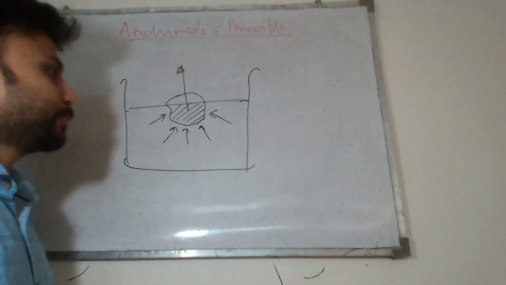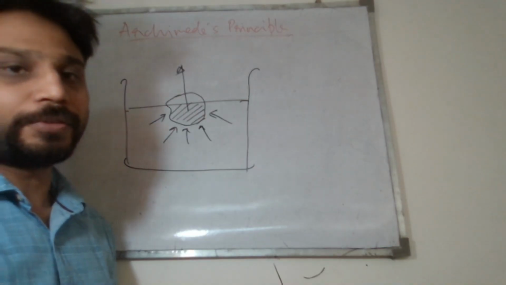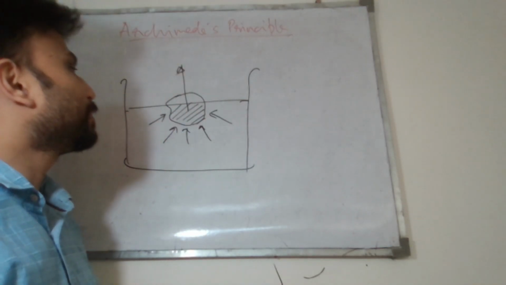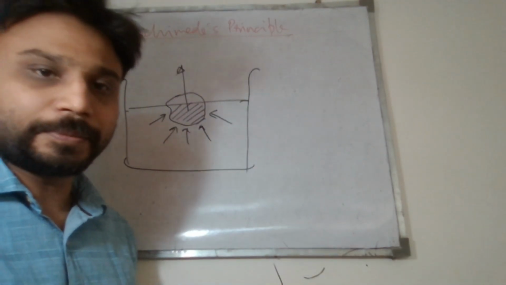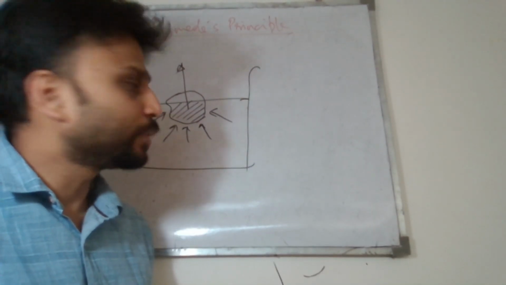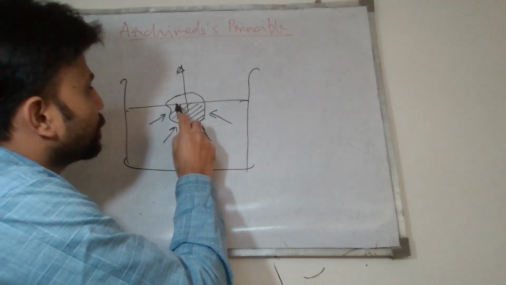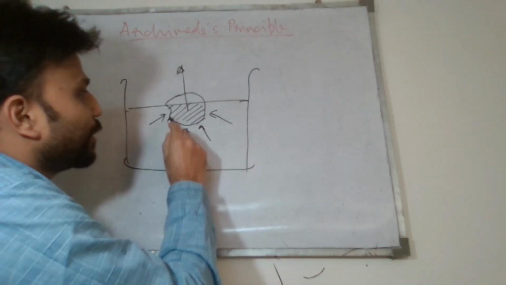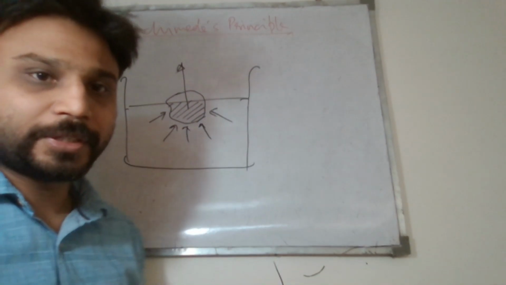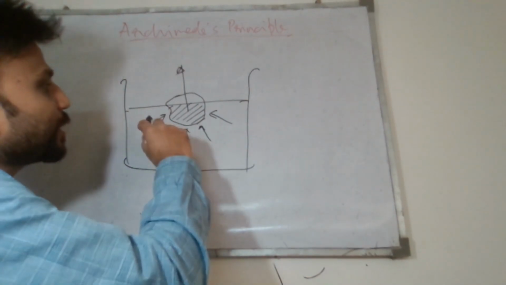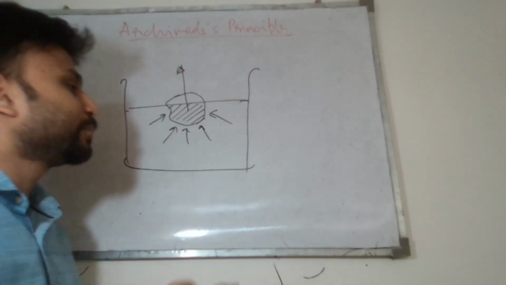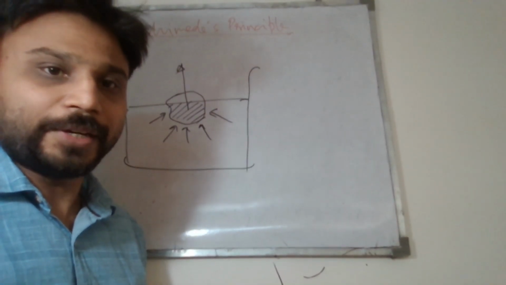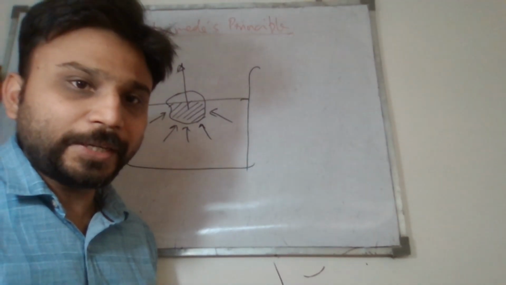One way with which we can understand this idea is that, let's say, the object is not there, and in place of the object I simply have a liquid here in the shaded region. Then, what is the force exerted by the surrounding liquid on the shaded part? It will be equal to the weight of the liquid, right?